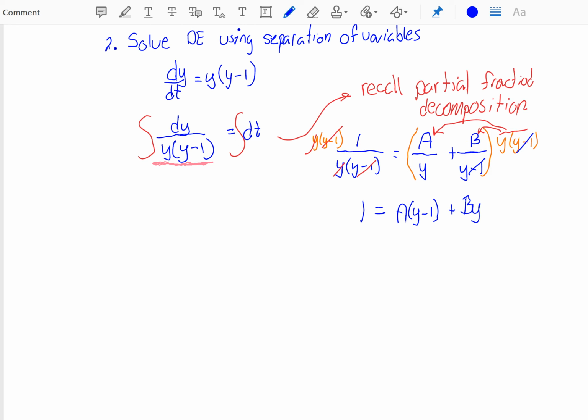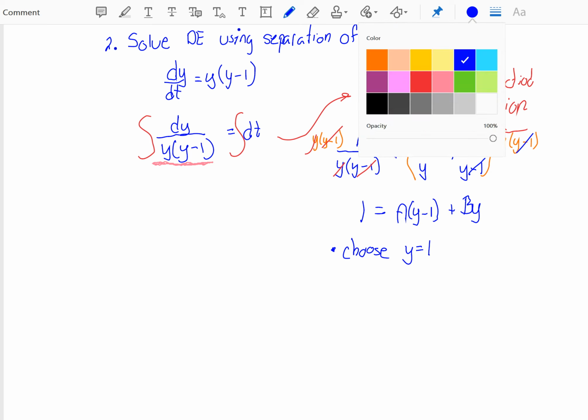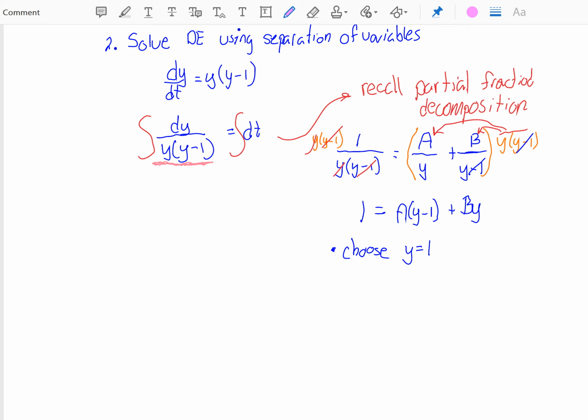Now, there are different methods people use at this point to solve for a and b. I believe the easiest technique that I've seen is just to pick values for y that simplify this equation. For example, if we choose y to equal 1, then y minus 1 ends up being 0.